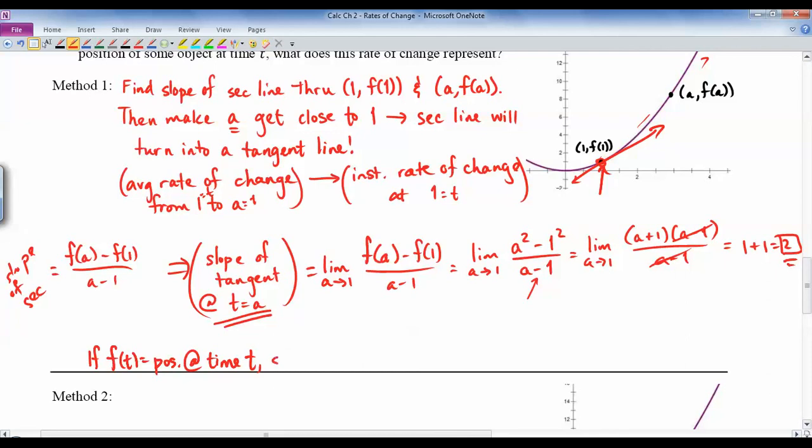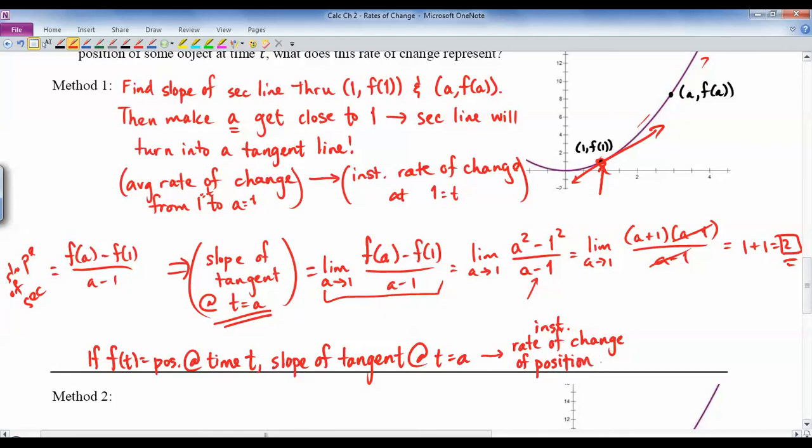So the slope of the tangent at t equals a is really given by this limit here. It told us the rate of change, the instant rate of change of position in terms of time, right?